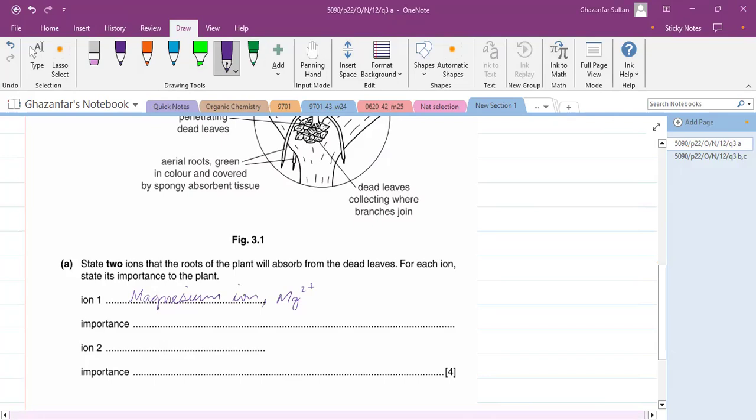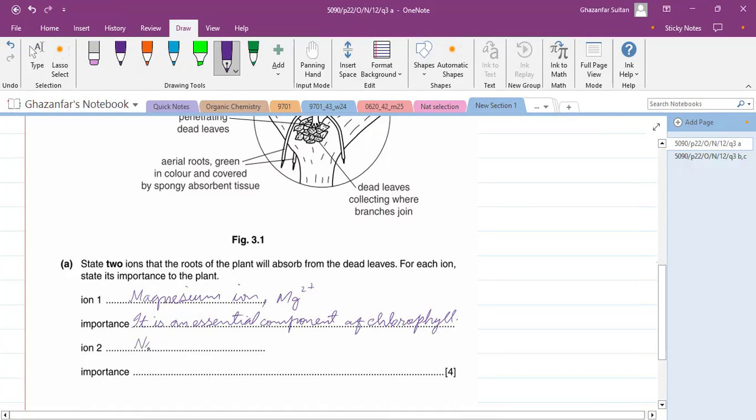We should know that magnesium is a very important part of chlorophyll. It is an essential component of chlorophyll. And you know, chlorophyll is the main pigment that is required for photosynthesis.